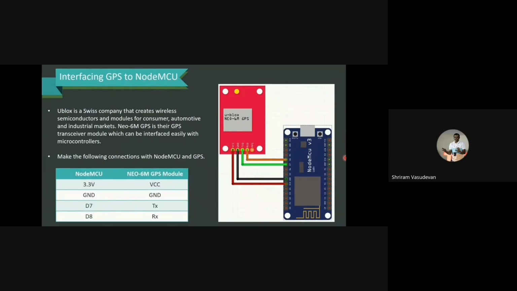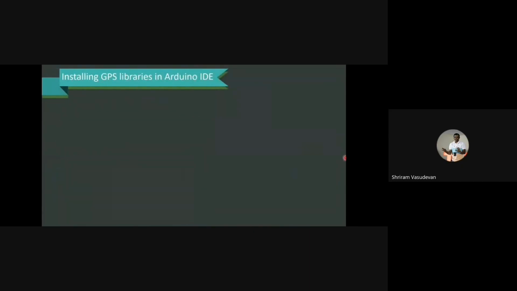A table is presented for easier understanding: the NodeMCU's 3.3 volt pin should be connected to VCC of the GPS, ground should be connected to ground, D7 of NodeMCU should be connected to TX, and D8 should be connected to RX. The same is presented in the picture, which represents the circuit diagram.